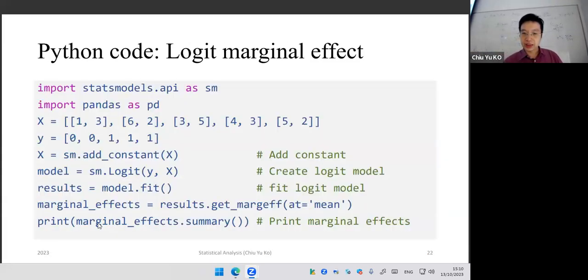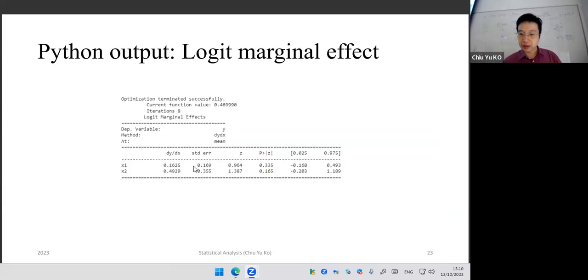If you do this marginal effect and print that out, it is very similar to the coefficient when we look at the regression. You look at this number. Of course, this is not significant, but this is the thing that you would use to compare with the OLS, the LPM, or the linear probability model.